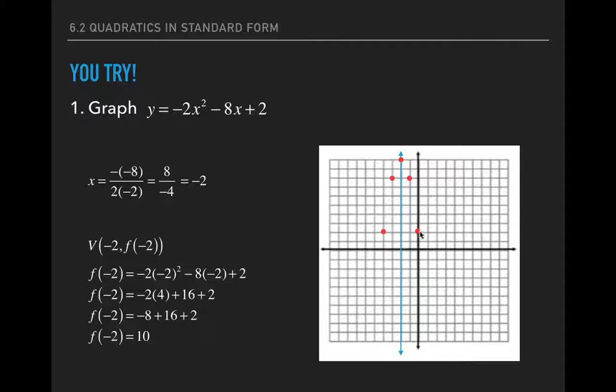And I think we can go a little bit more, over 1, and I'm going down because this is negative, and we're going to multiply this times now 5, so that's going to be down 10. So 1, 2, 3, 4, 5, 6, 7, 8, 9, 10. There it is.